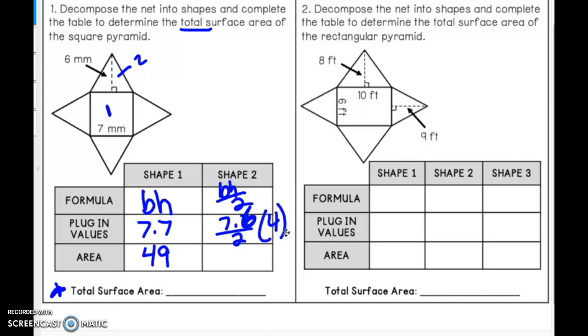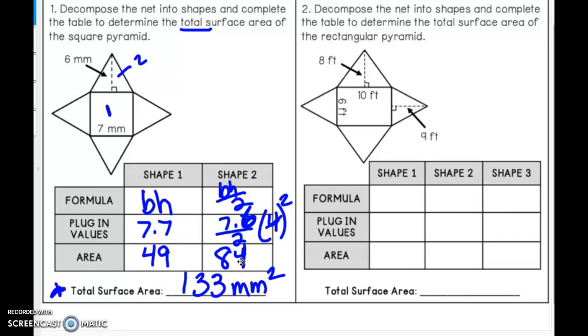So when we multiply those out, 42 times 2 is 84, and 84 and 49 is 133 millimeters squared, our total surface area. You could do this in fewer steps; I just did it all in one step.